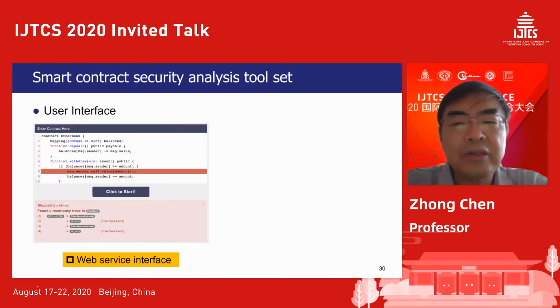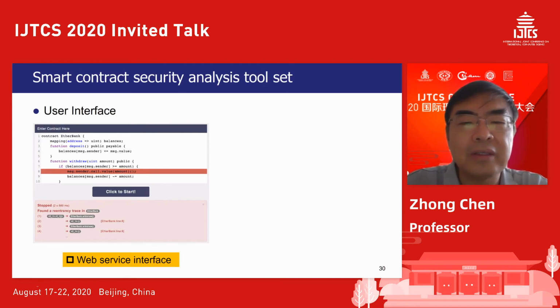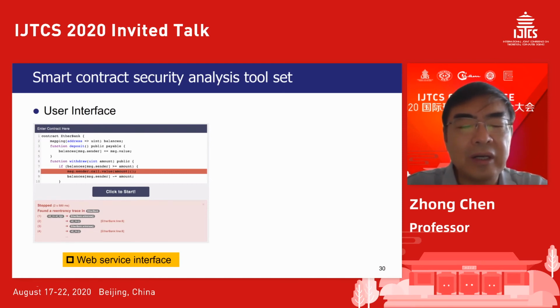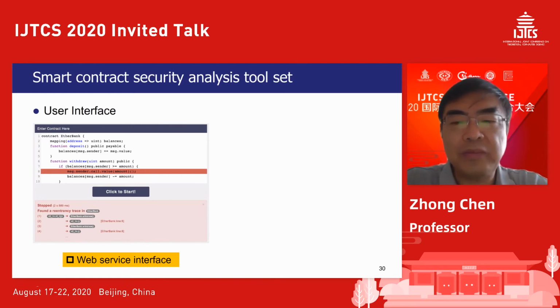So here shows the interface of the smart contract security analysis tool set through the web service interface. We can enter the contract, and they can get some results which are quite easy to understand from the interface.